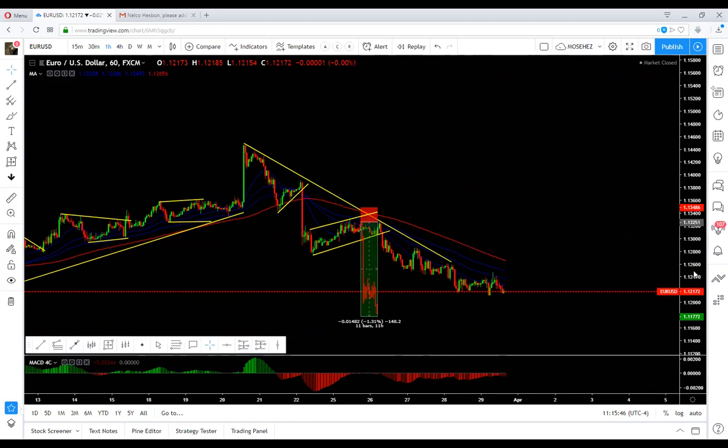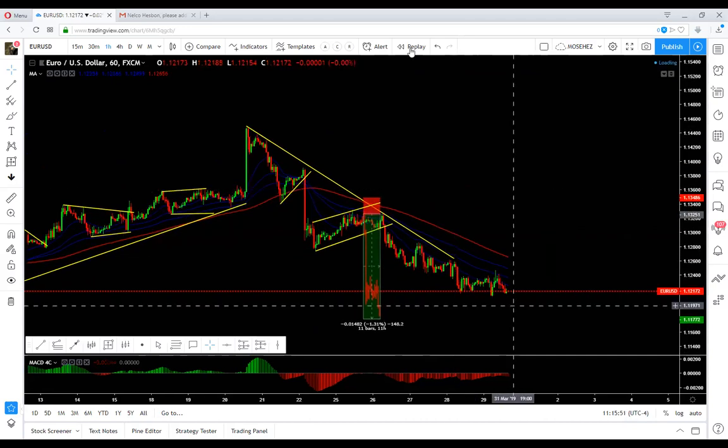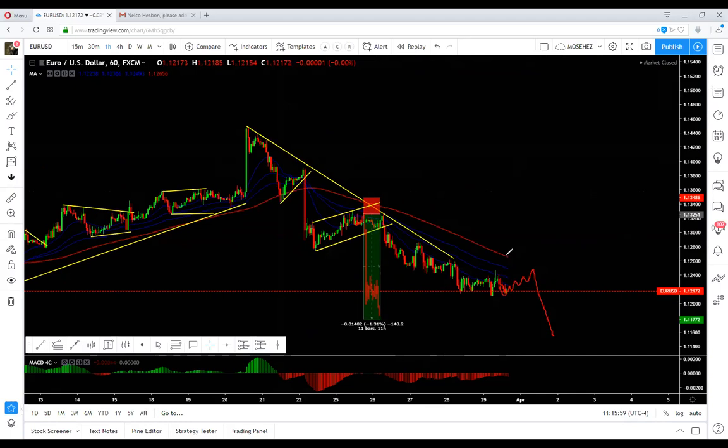If you are holding, it's okay. You can just keep holding. It can keep doing this because I'm not near my screen. It can come closer to the EMAs, then move down. But remember, this is a short-term trade.